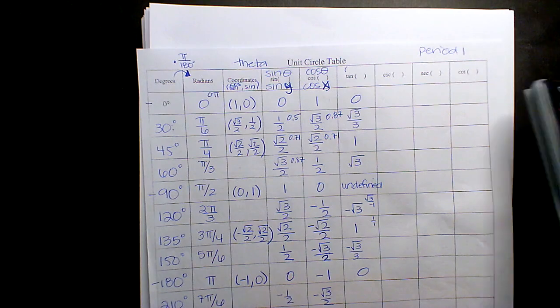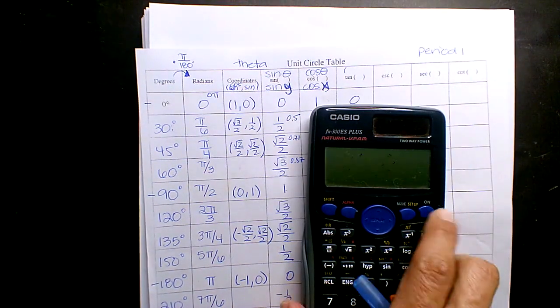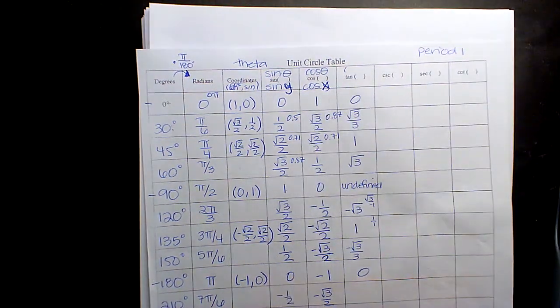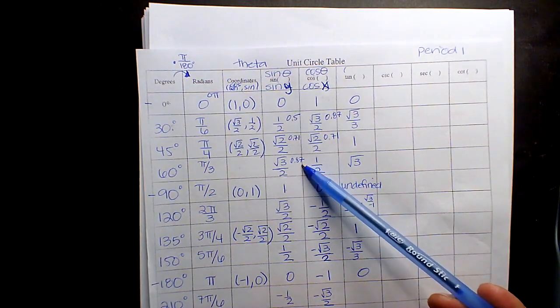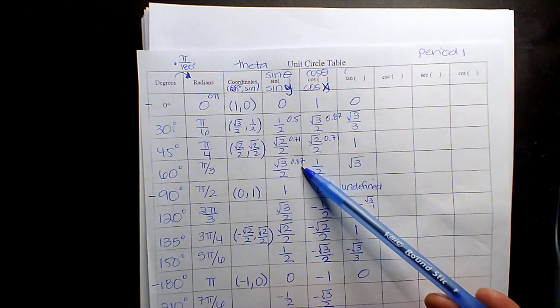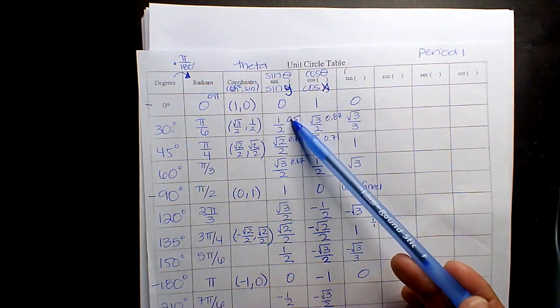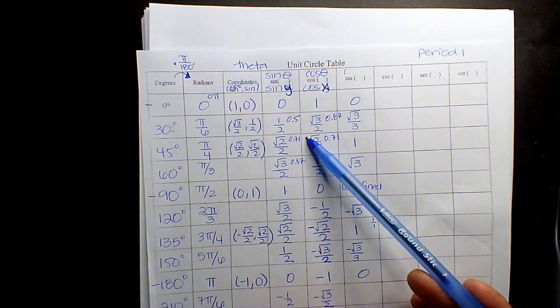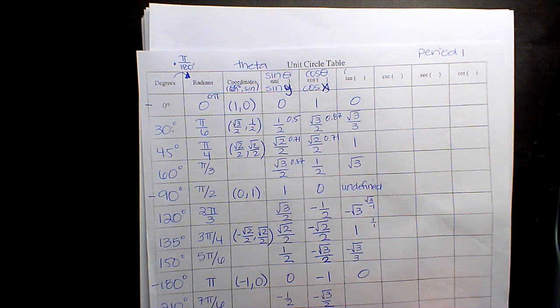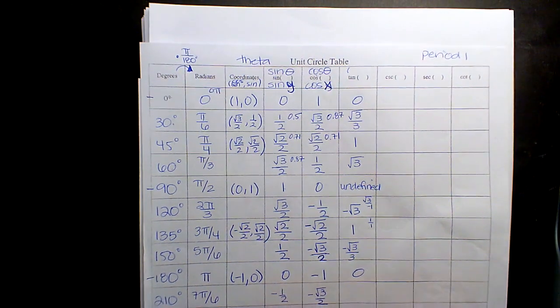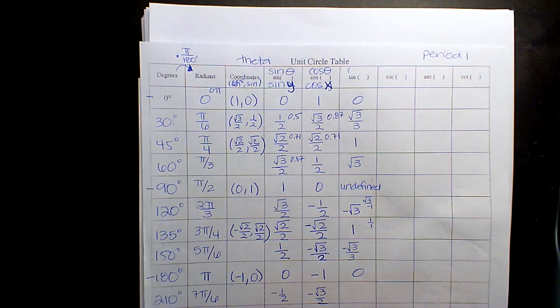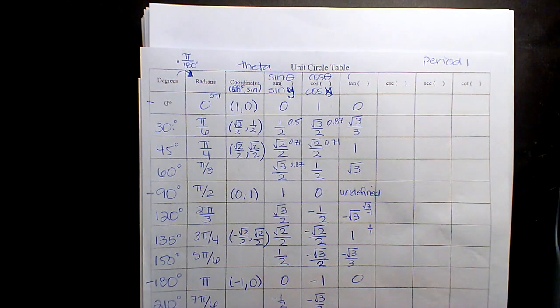You're always able to use the calculator on the quizzes and the tests, but once you learn what you're doing, if it's a simple enough function, it's almost faster to just go, what's 3 times 0.87? What's 3 times 0.71? What's 3 times 0.5? And you can graph the function really easy. If you're taking pre-cal next year, you want to understand the circle, you want to understand the chart.